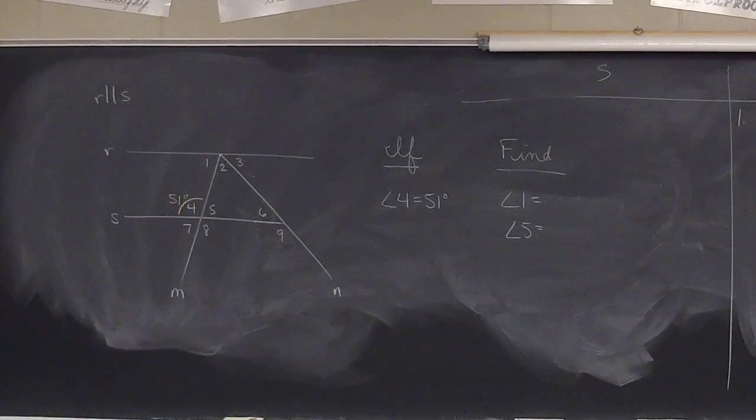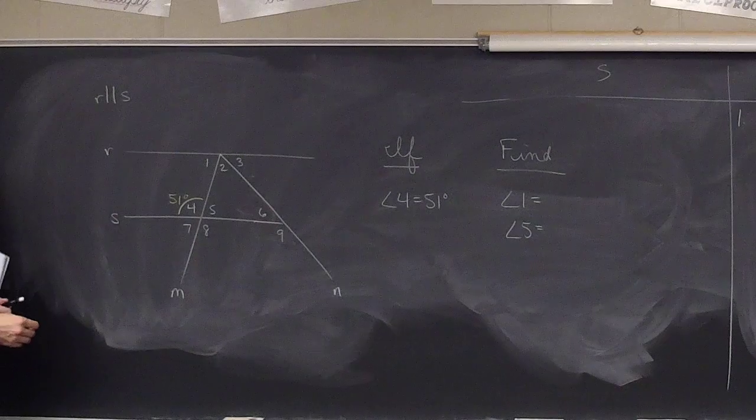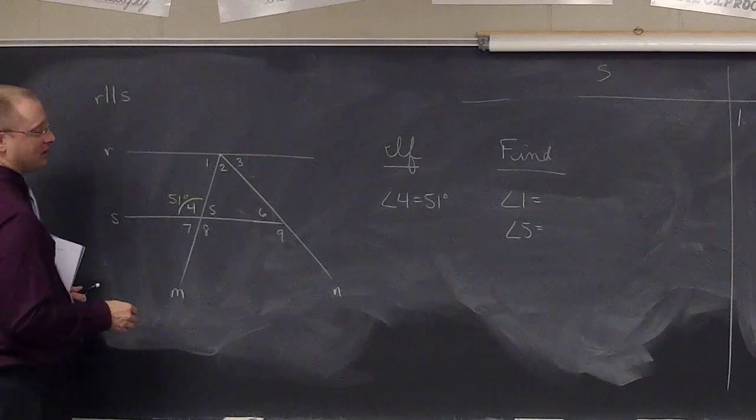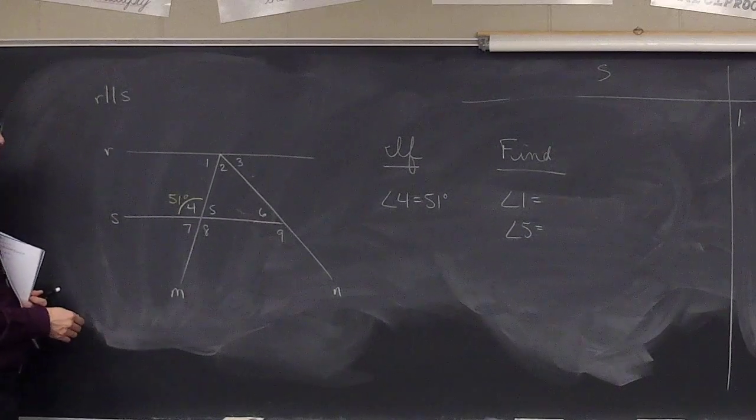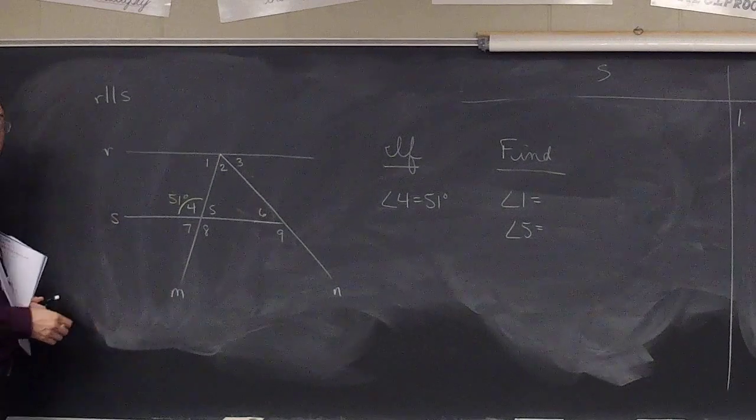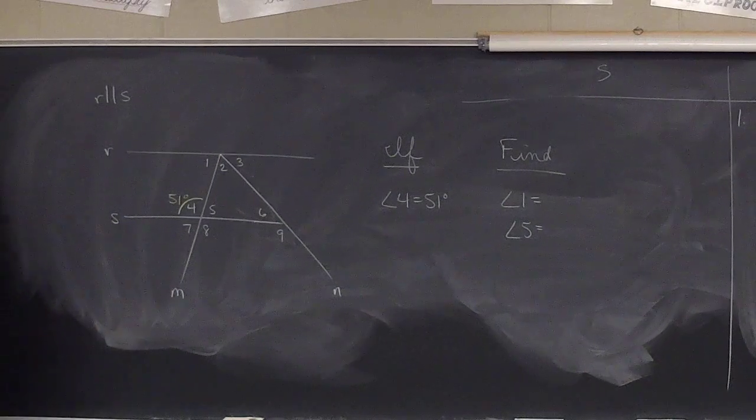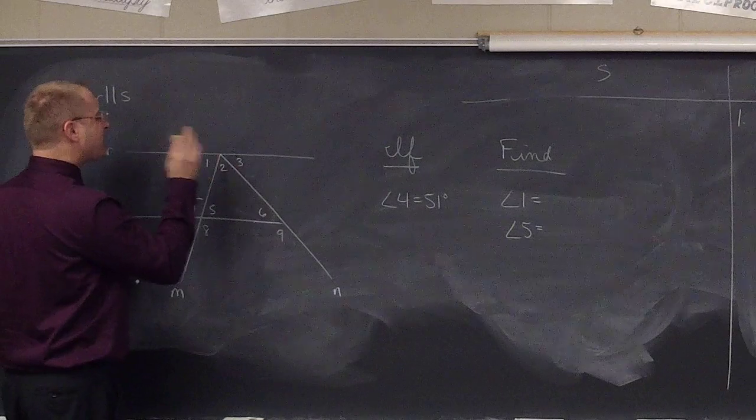All right, so Michael, if angle 4 is 51, how would I find angle 1? I found angle 5 first. Well, we could find angle 1 even without finding angle 5. How? That's a very good question. Adam? You could do the opposite angle, which would be angle 2 and 3. Well, okay, you could say that, but I can just find angle 1 directly.